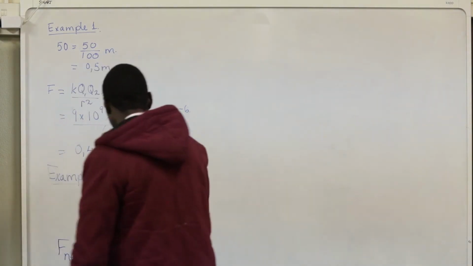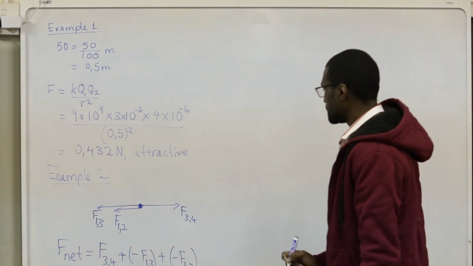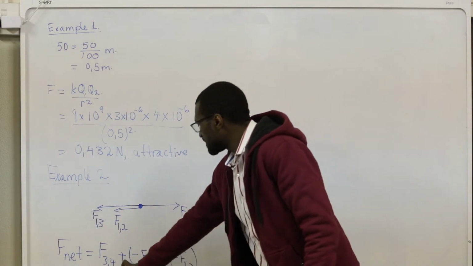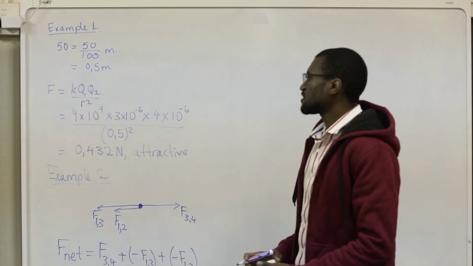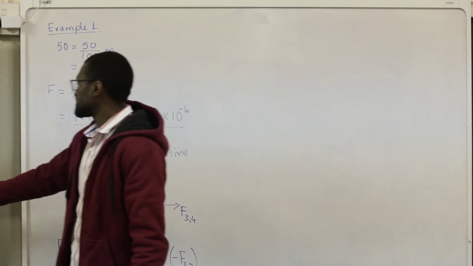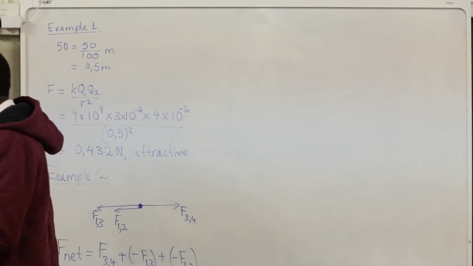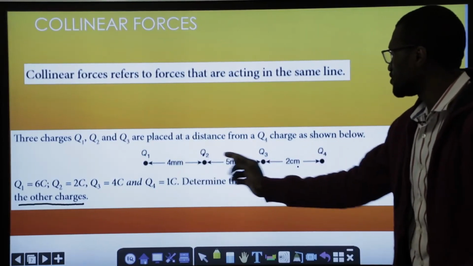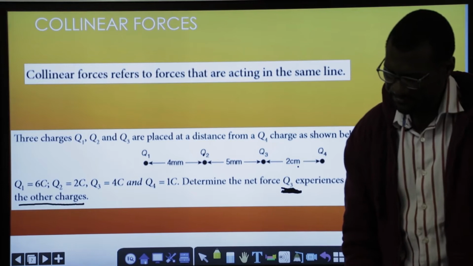Okay, so that will be my F net. Now, what is the challenge that I have now? Is to find the components of these forces that are operating, so that I can determine the resultant force. I can determine the resulting force due to the charges Q1, Q2, and Q4 on Q3.